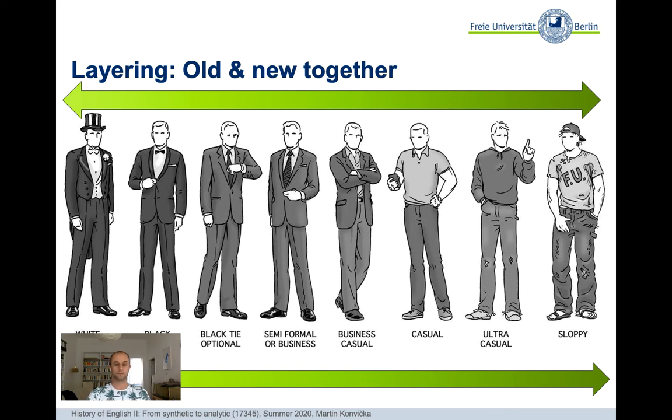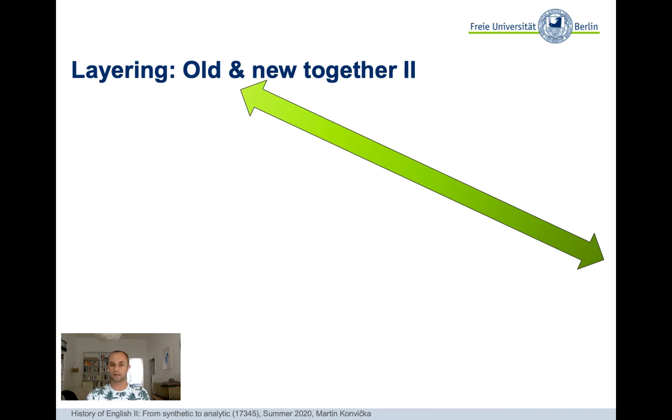So we have all these different types of clothing together, even though we know that, for example, a T-shirt and a baseball cap is something newer than a white tie, black tie, or a more formal way of clothing, right? And the same thing can be said about language. It's actually known as layering, right? So there are different layers, older layers and newer ones in every language, right?